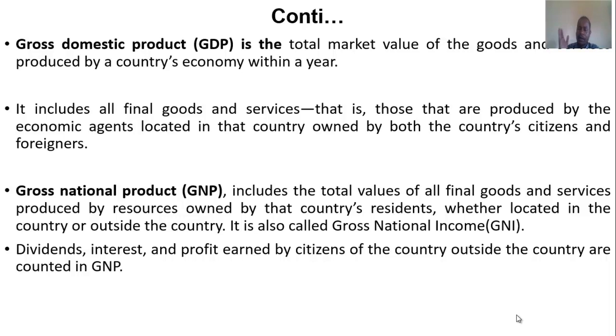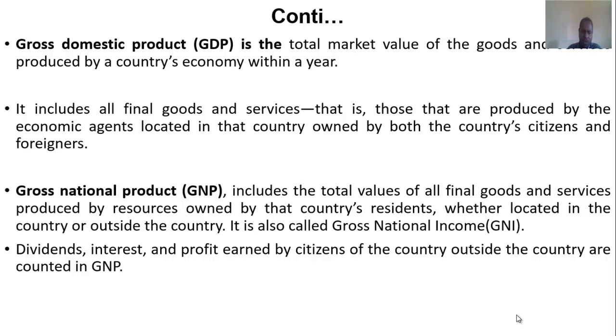Therefore, goods and services owned by Ethiopians in USA, goods and services owned by Ethiopians in China, all goods and services owned by Ethiopians in Kenya, all goods and services owned by the Ethiopian citizens in South Africa would be included within the calculation of gross national product of Ethiopia.